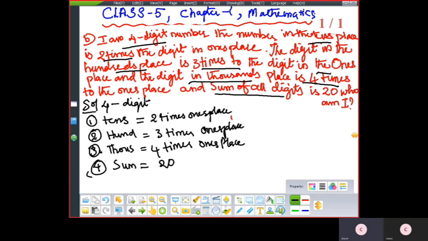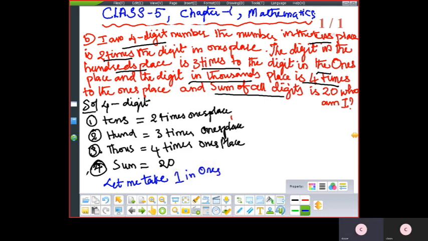So now, let me firstly take, okay, it is a 4-digit number. So let me take 1 in ones place.